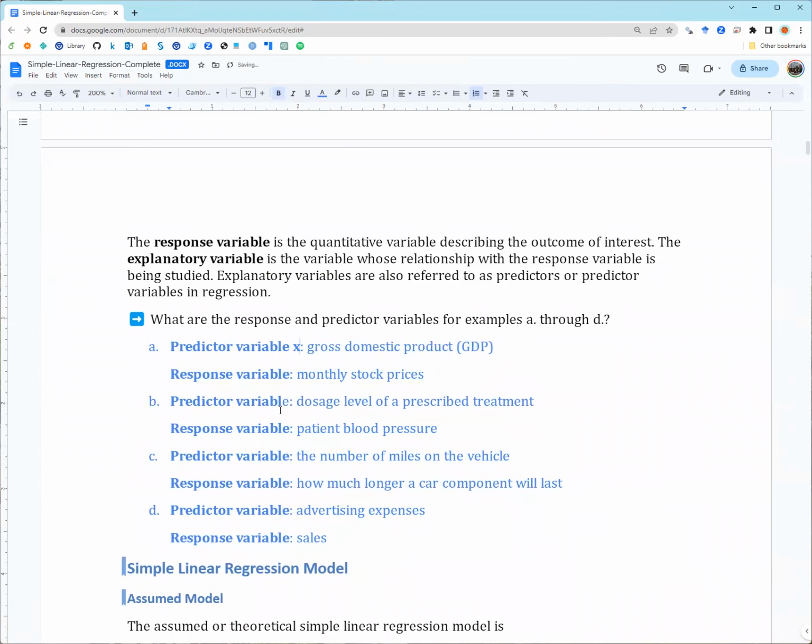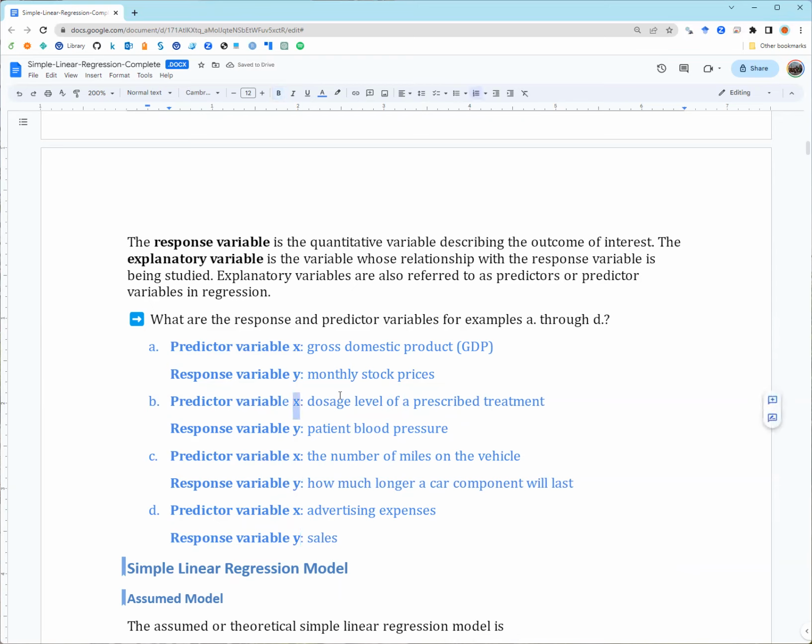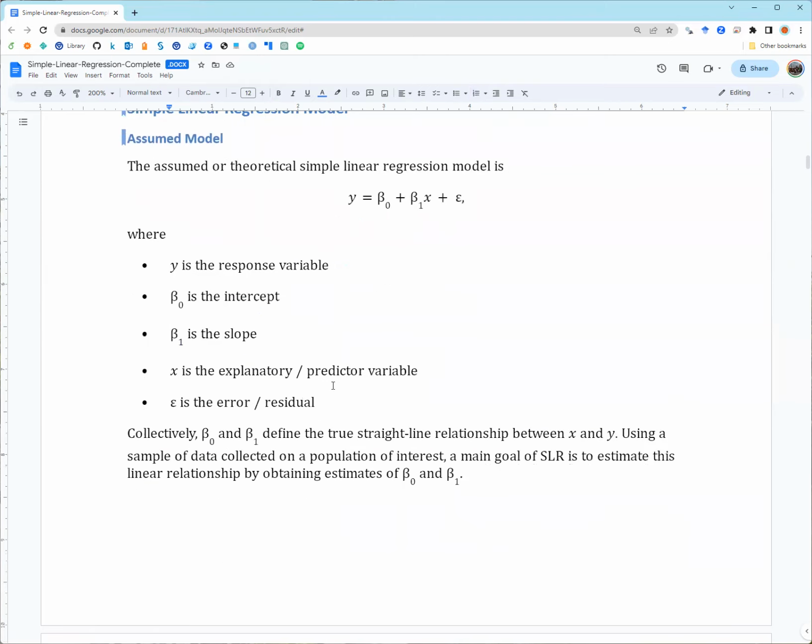So the predictor variable is X. The response variable is Y. X being our dosage level, Y is the patient blood pressure.